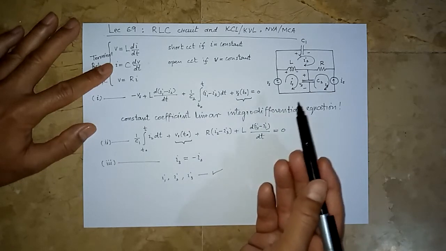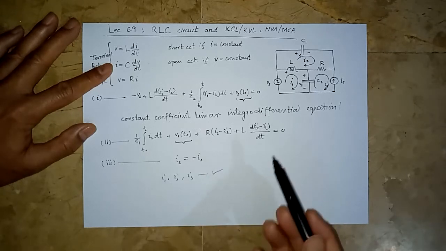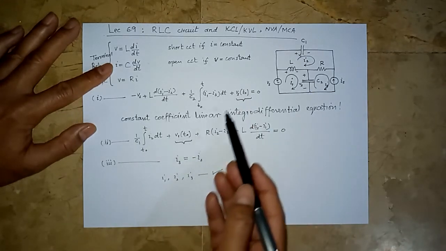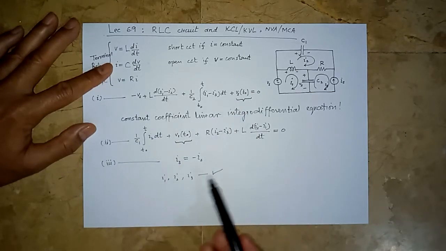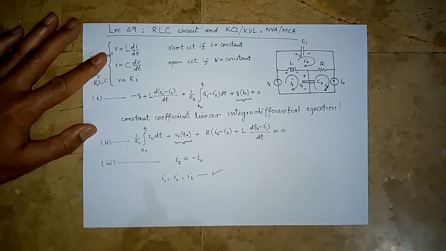So initial conditions for such circuits are very important to be known before we are able to solve this, because starting with a different voltage is going to change the answer. If both are zero, we are going to get a different answer. If both are some values, we are going to get different values. So this is a very daunting task.